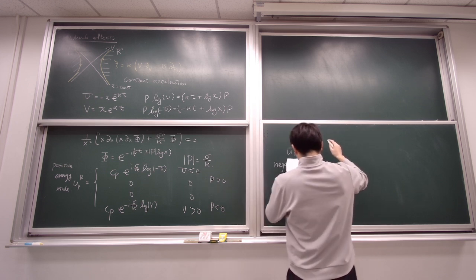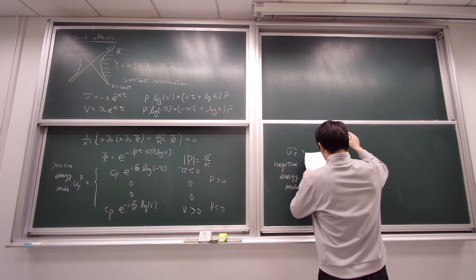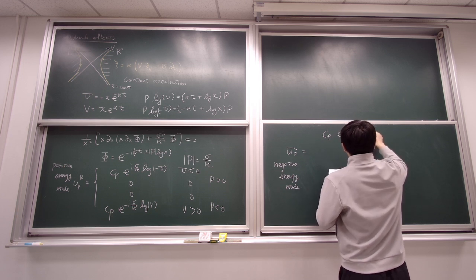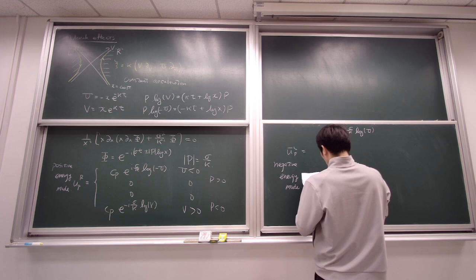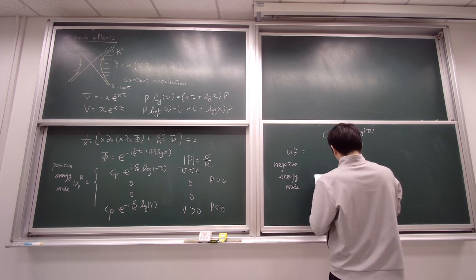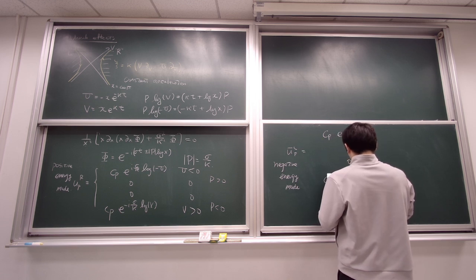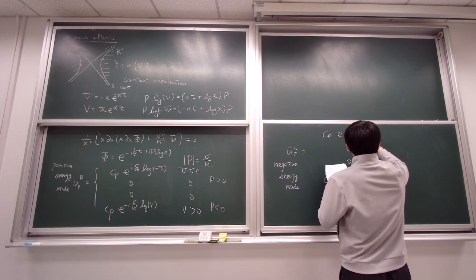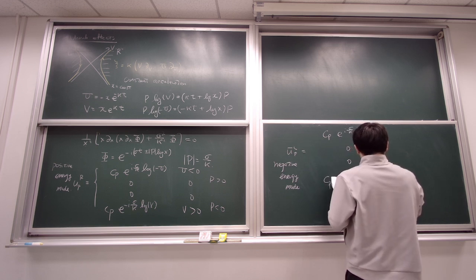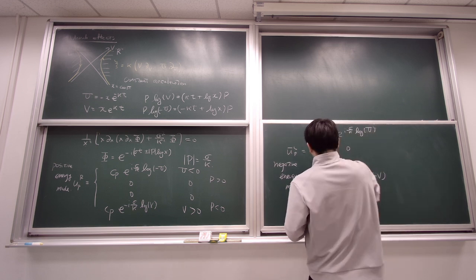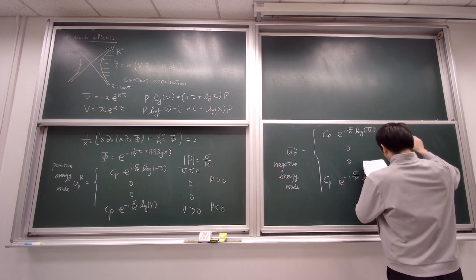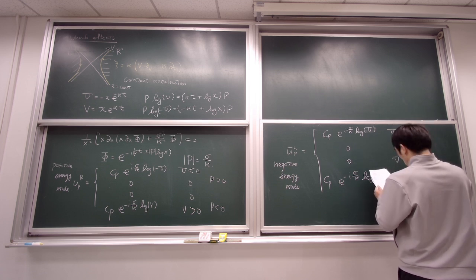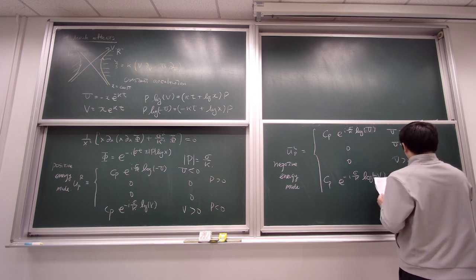So that can be obtained by C_p e to the i sigma over kappa log U, and C_p e to the minus i sigma over kappa log B, with minus U and minus B. When U is positive, U is negative, B is positive, and B is negative.